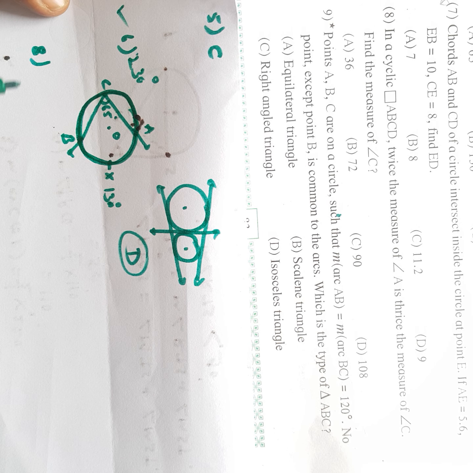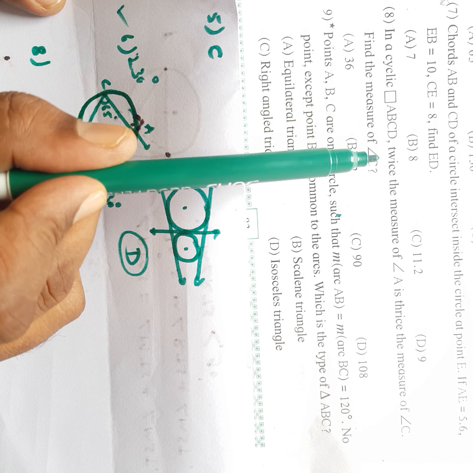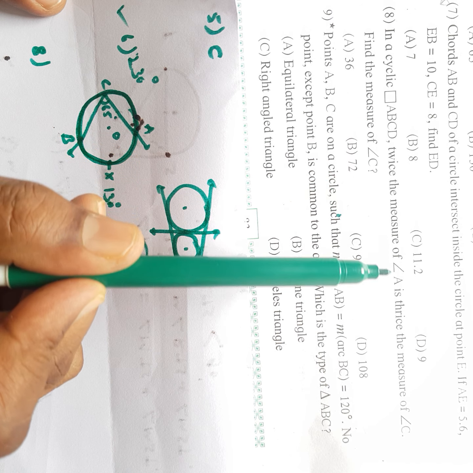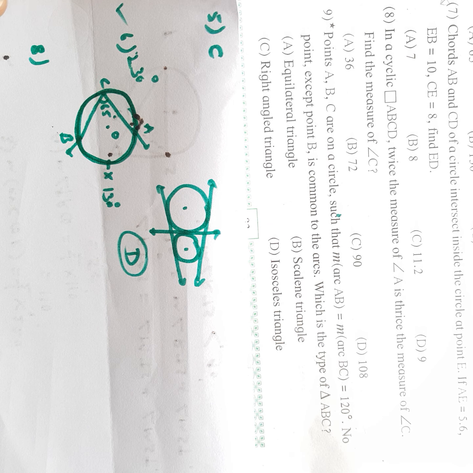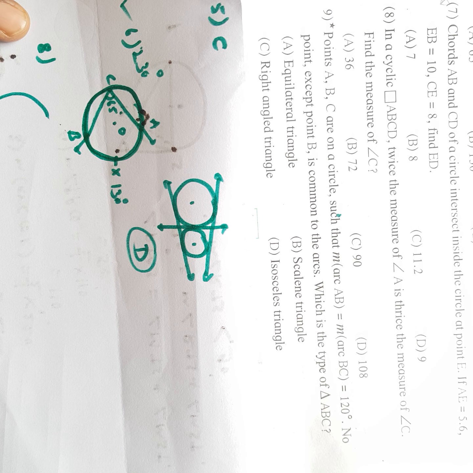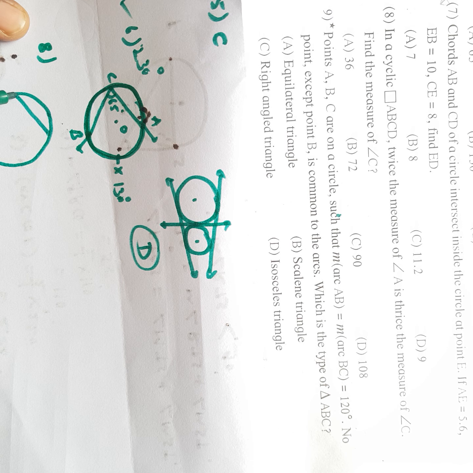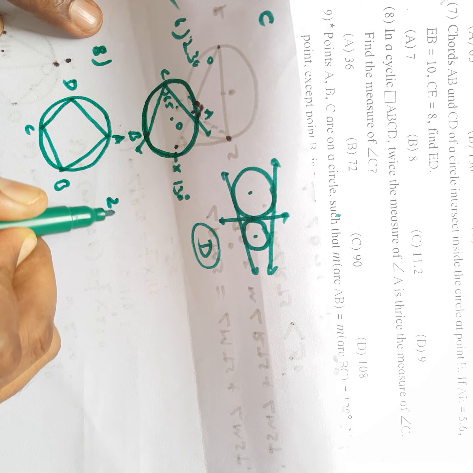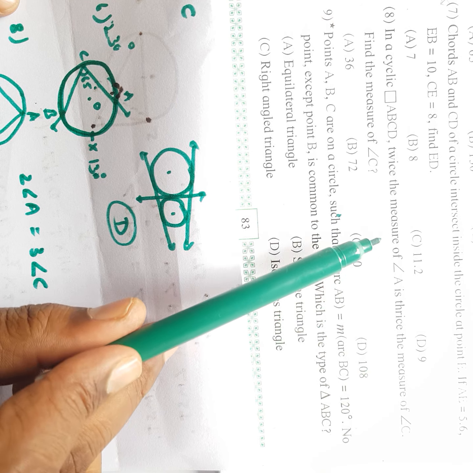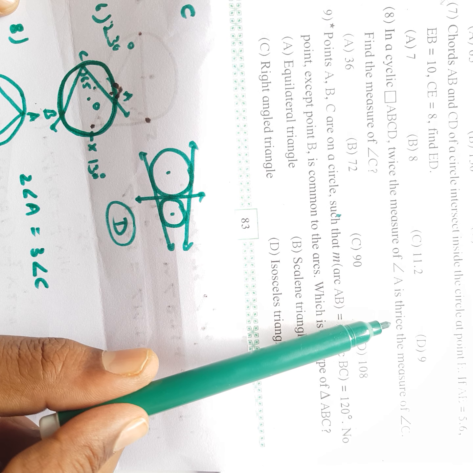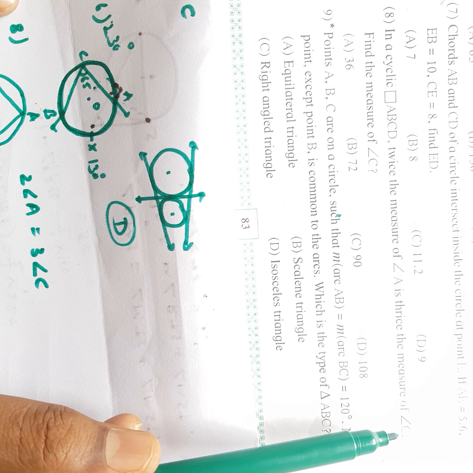Then the eighth example is: in a cyclic quadrilateral ABCD, twice the measure of angle A is thrice the measure of angle C. Find the measure of angle C. Suppose quadrilateral ABCD is like this.